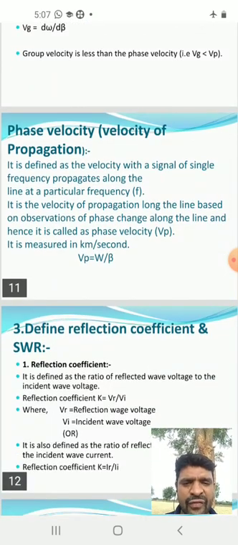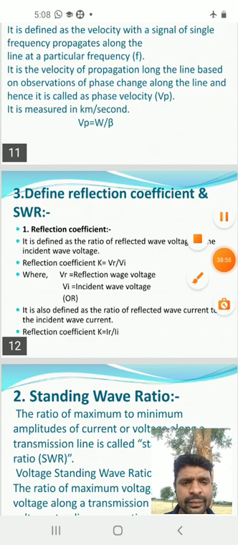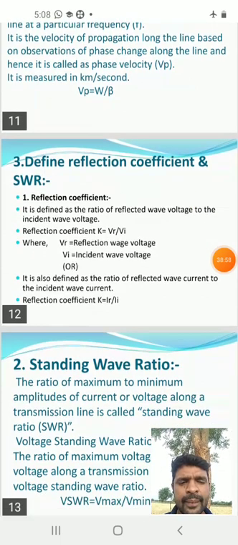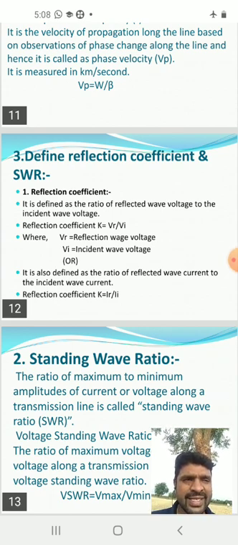Define reflection coefficient and standing wave ratio. Reflection coefficient is the ratio of reflected voltage to incident wave voltage, or reflected current to incident current.